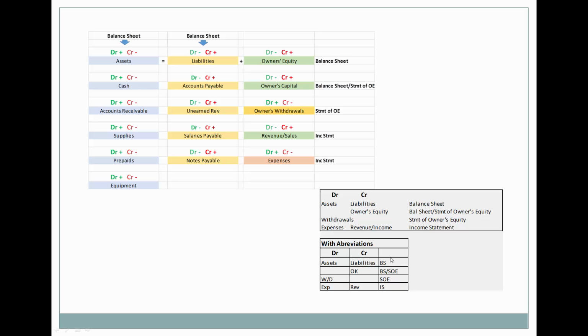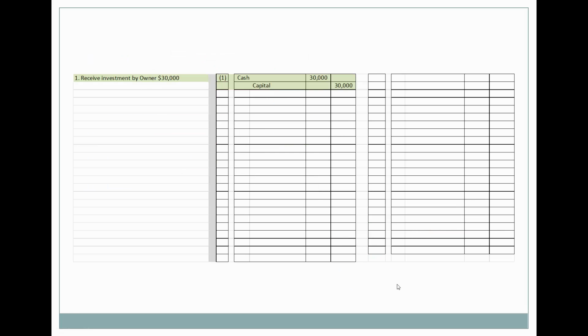Now I call this my legal cheat sheet. There's no way you can bring that into an exam, but if you memorize this, when you go to an exam, you can immediately put this on your exam and refer to it as you're taking a test.